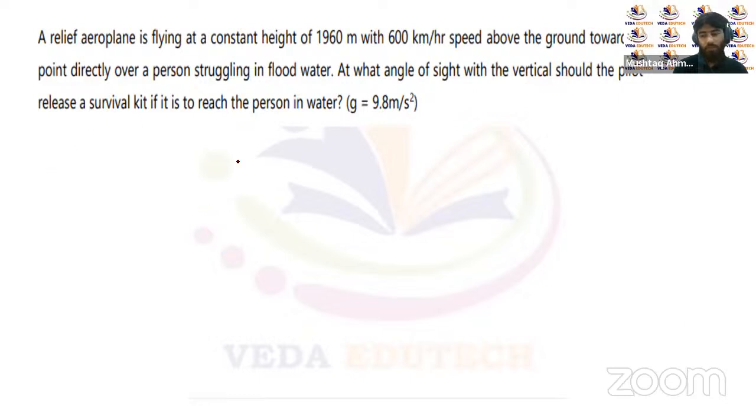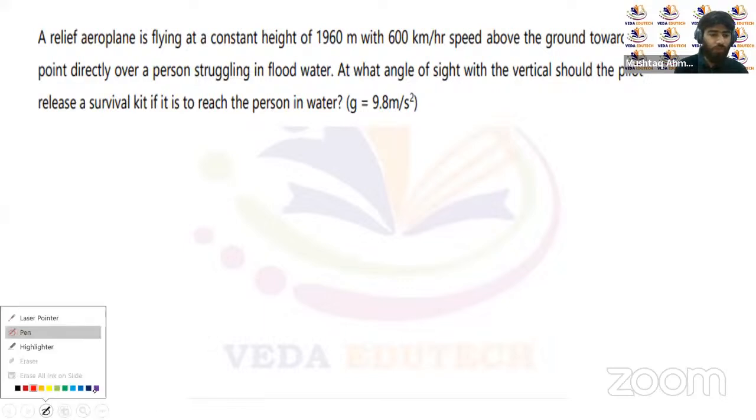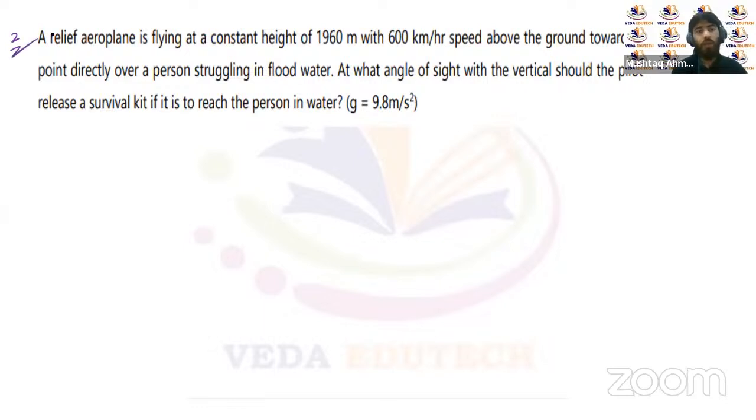So let's try this question here. This is question number 2 with respect to this horizontal projectile. A relief aeroplane is flying at a constant height of 1960 meters.